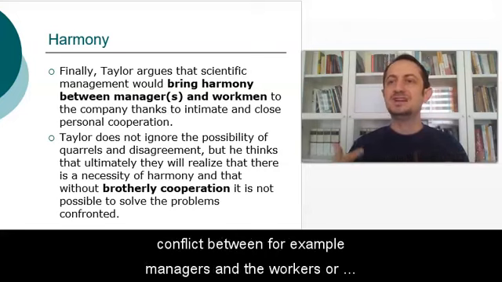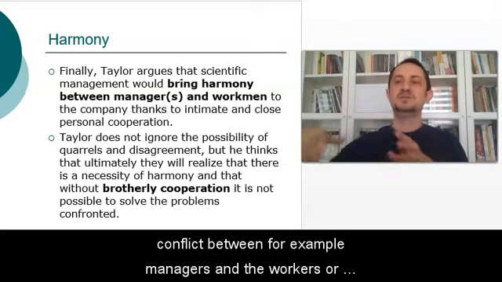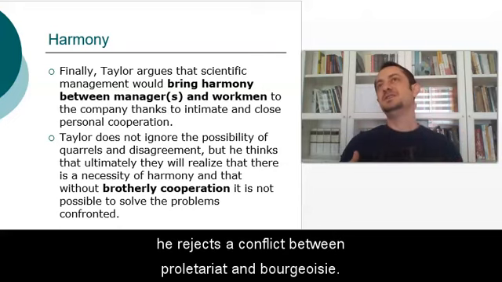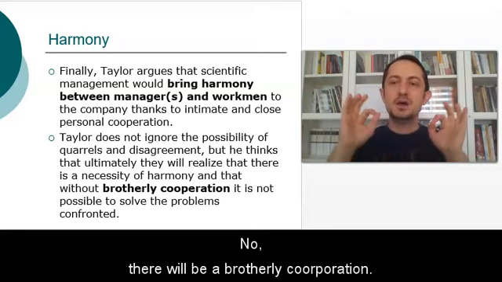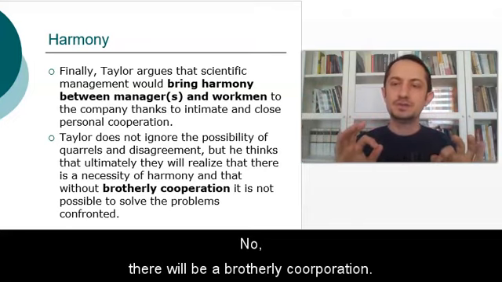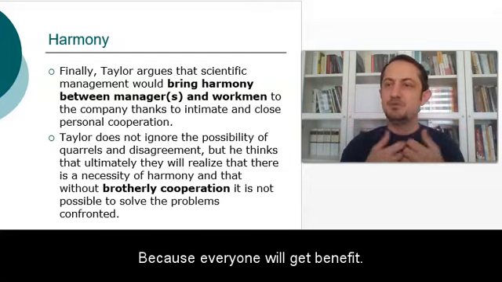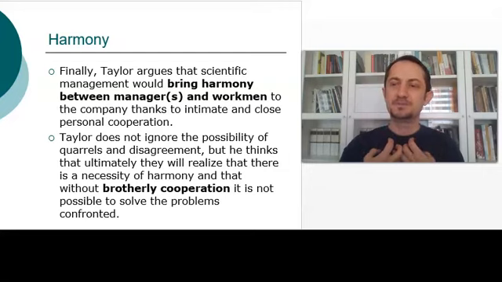So Taylor rejects the conflict between, for example, managers and workers, or the conflict between proletariat and bourgeoisie. No, there will be a brotherly cooperation. Why? Because everyone will benefit.